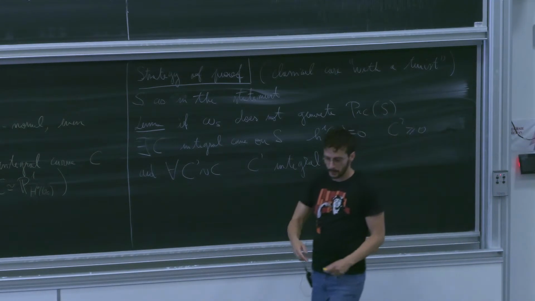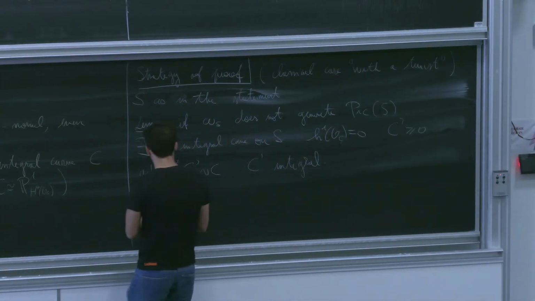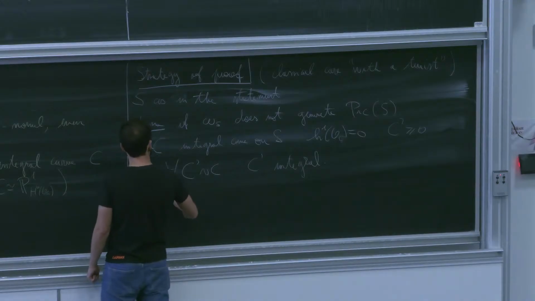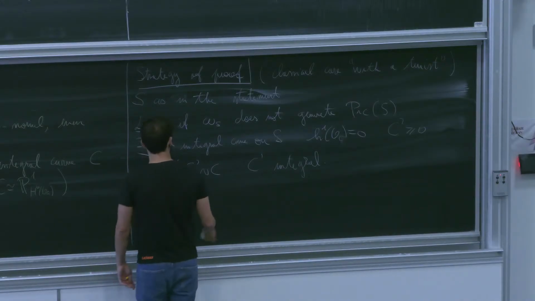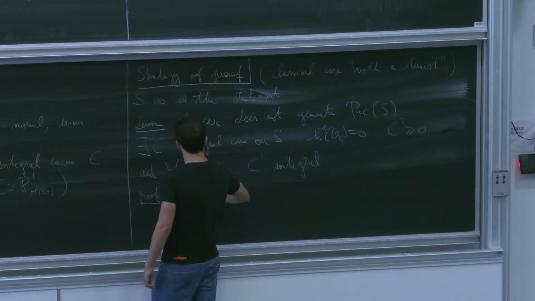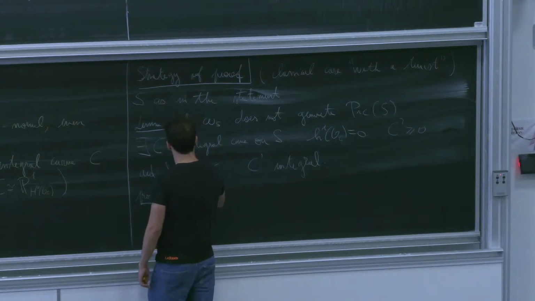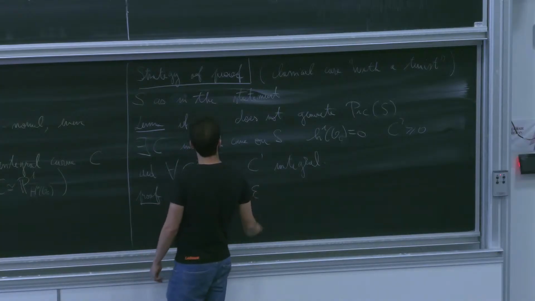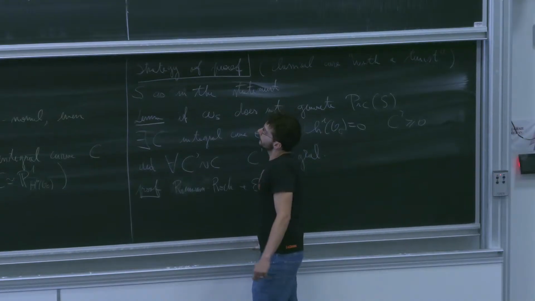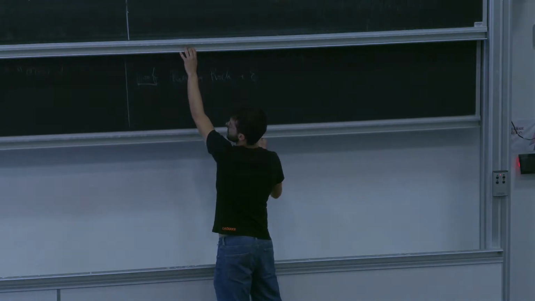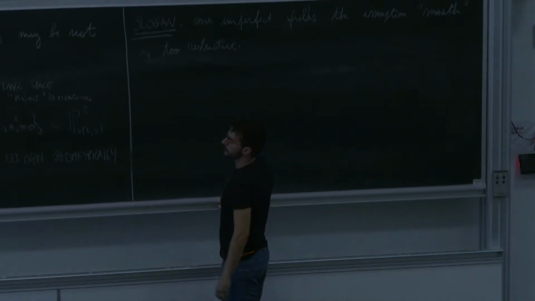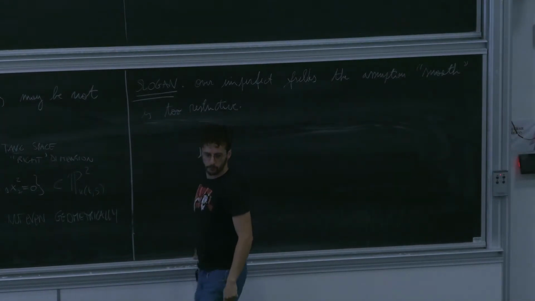The proof is basically Riemann-Roch plus epsilon, maybe. And basically, this curve is the protagonist of the whole proof.